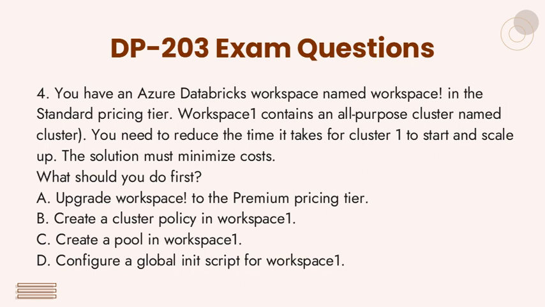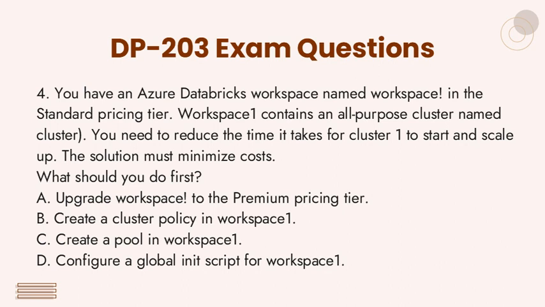4. You have an Azure Databricks workspace named Workspace 1. In the standard pricing tier, Workspace 1 contains an all-purpose cluster named Cluster 1. You need to reduce the time it takes for Cluster 1 to start and scale up. The solution must minimize costs.